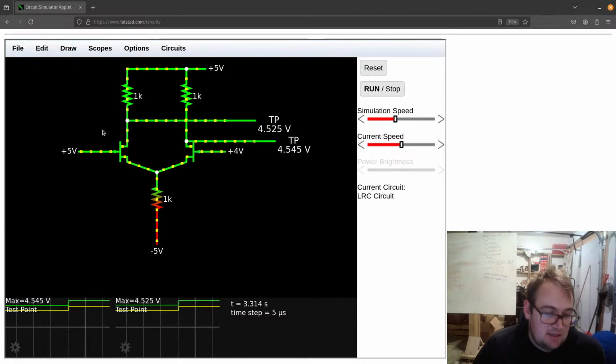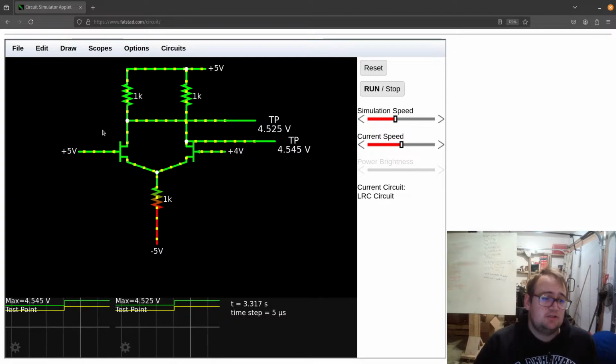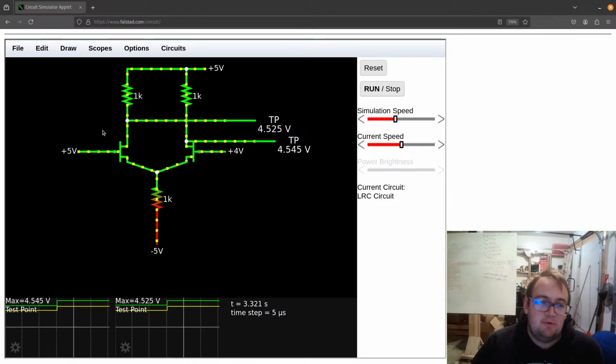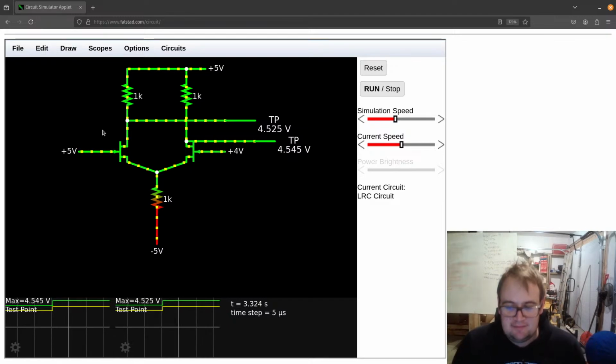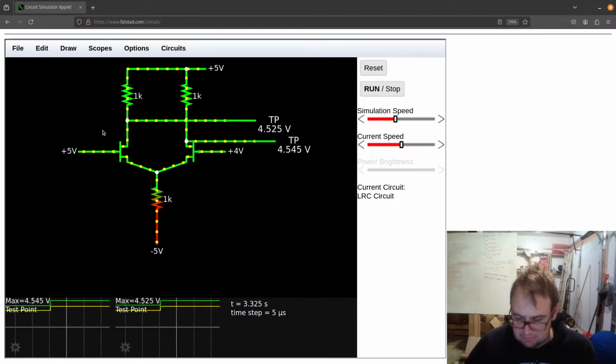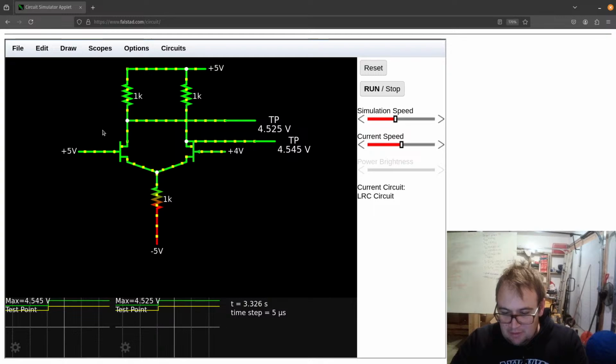I didn't actually use the JFET version that they asked us to make, but I made one out of bipolar junction transistors because I didn't have the JFET that they requested.